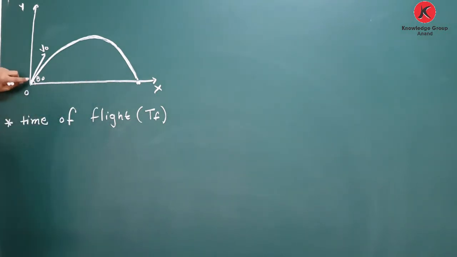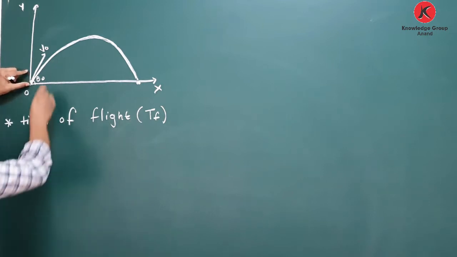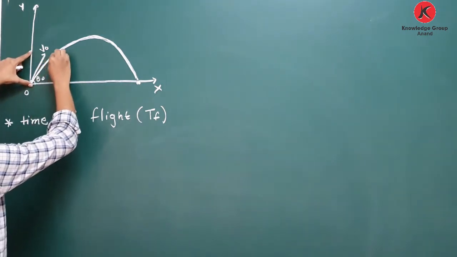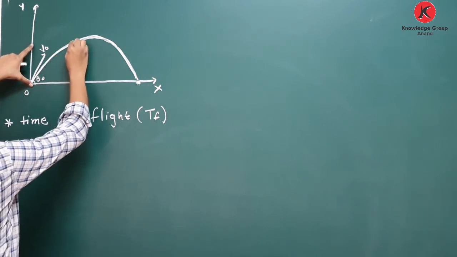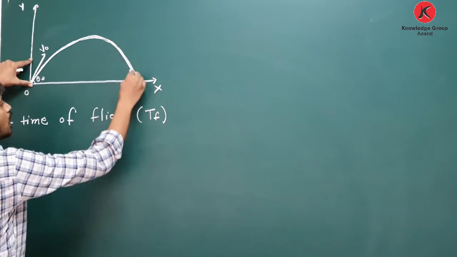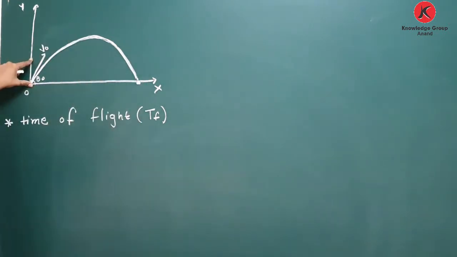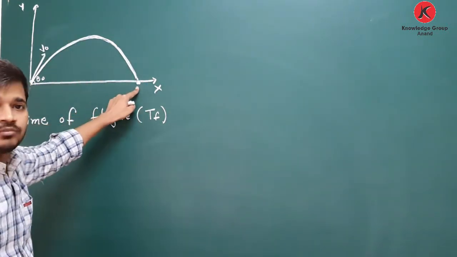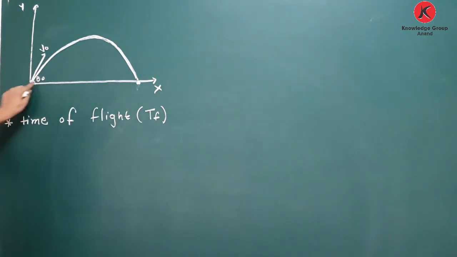From this point it is moving, means it has some value of y coordinate. When it will again hit the ground, its y coordinate will become 0. So yes, it is the condition for time of flight.